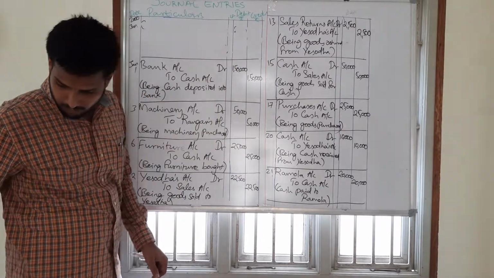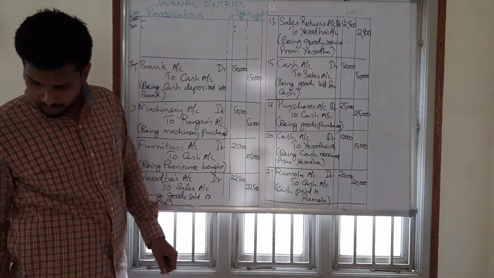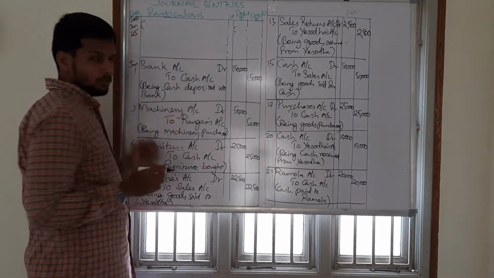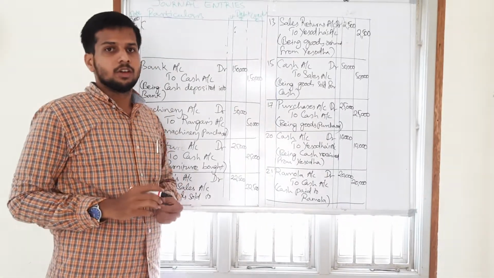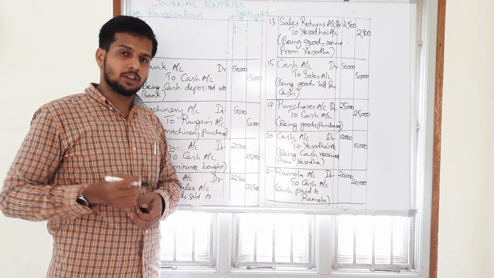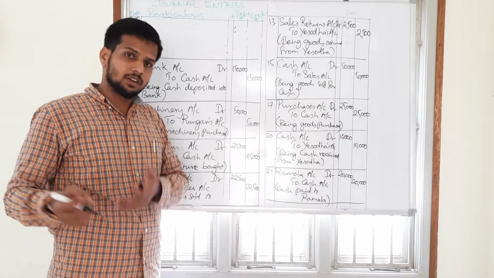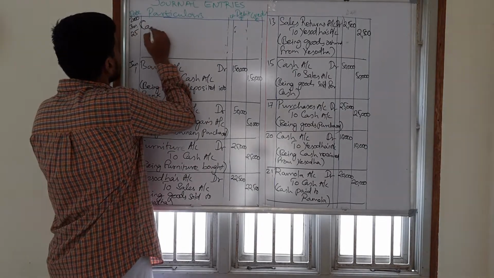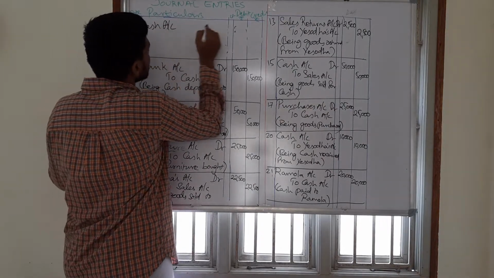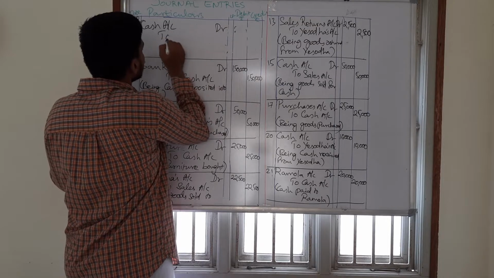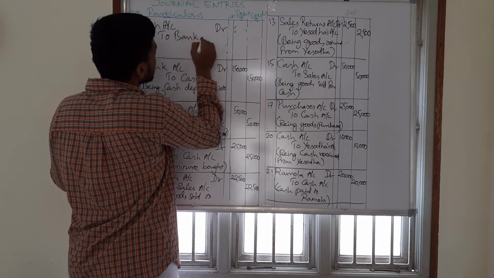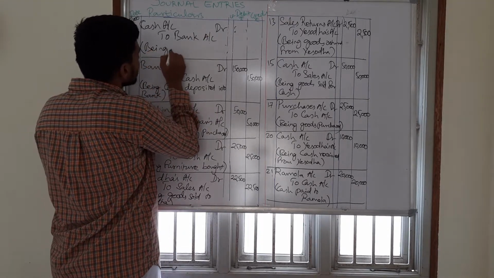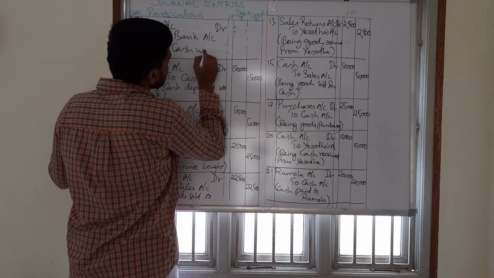Bank is the giver, therefore should be credited, and cash comes into the business, so cash account debit to bank account, being cash withdrawn.